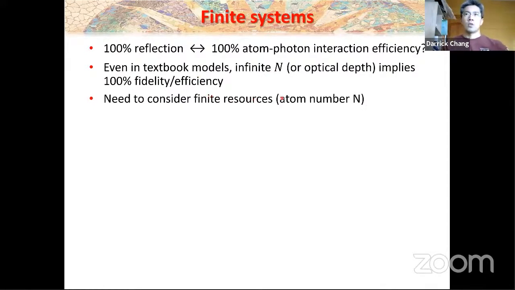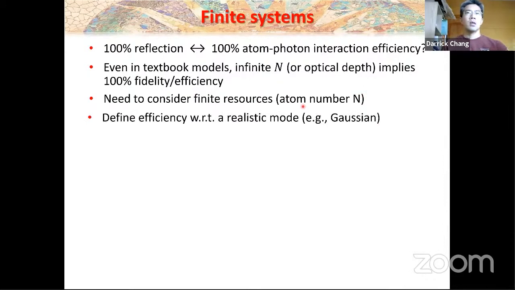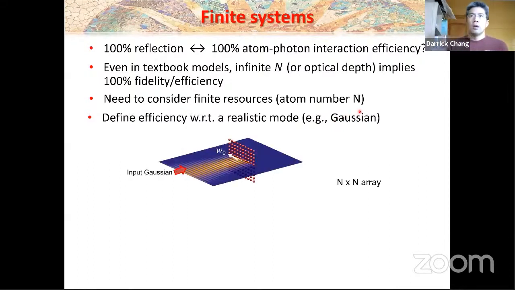So to really make the problem more concrete, what we need to consider is finite resources. If I have a finite atom number N, how efficient is the interaction? Once you go to a finite system, you also need to define efficiency with respect to a realistic mode, for example some kind of Gaussian mode. In a Gaussian optical mode, I can assume that I can easily create it and collect it. So then the question you can ask is something like this. I now have a finite atomic array, an N by N array.